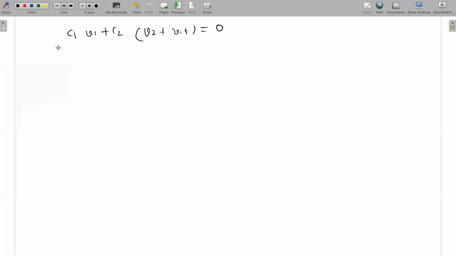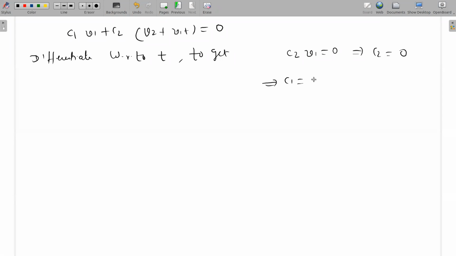To check, you can differentiate with respect to t. Then you get c2 v1 equal to 0. This means c2 is 0. Putting the value of c2 back, you will get c1 also 0. You can write the relation or differentiate as well.